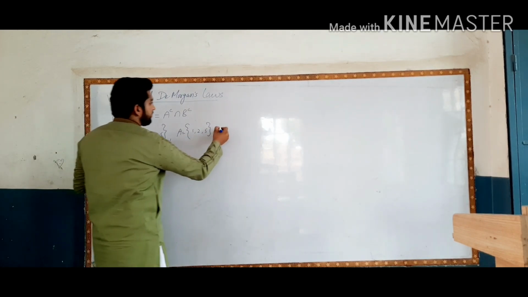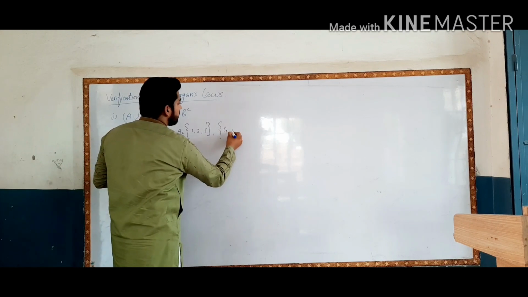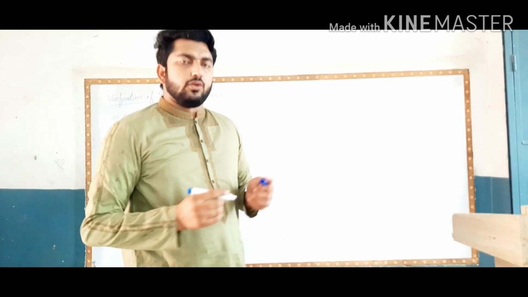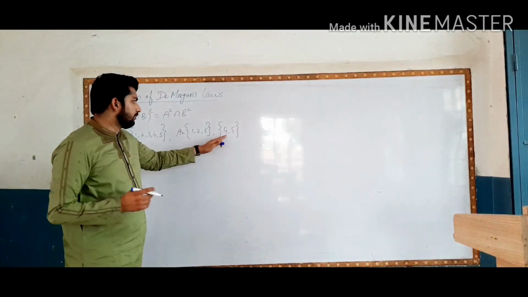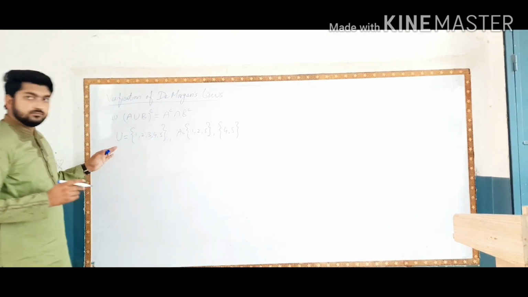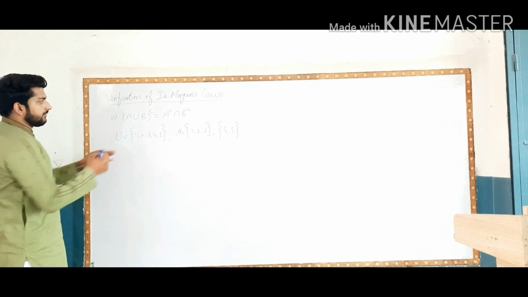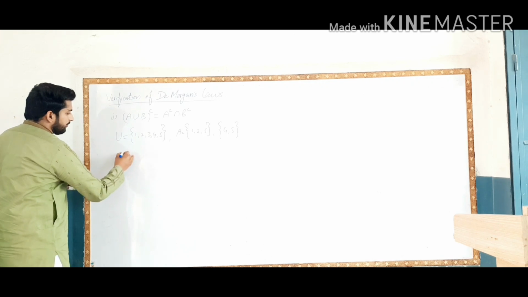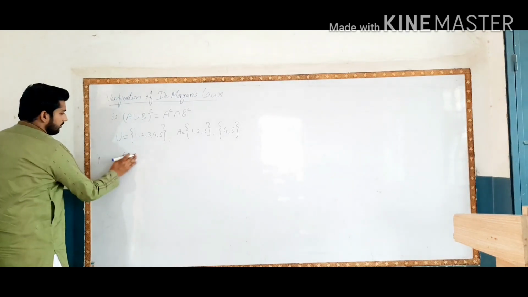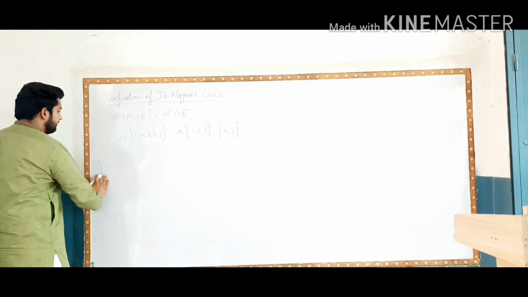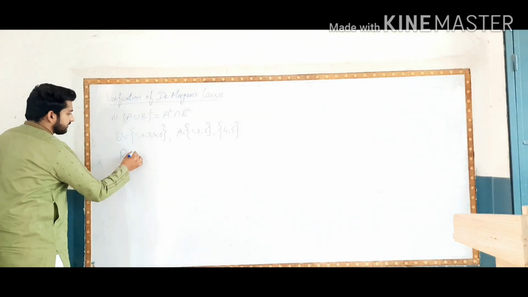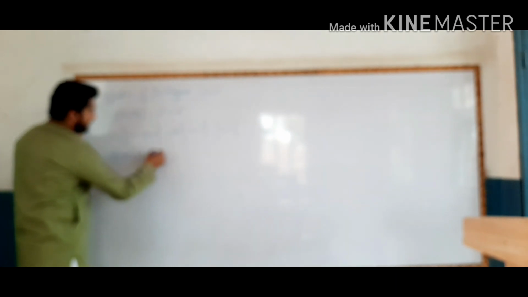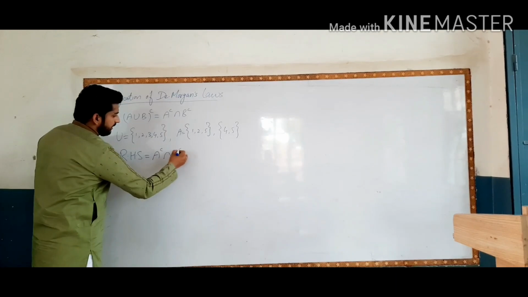Set B is 4, 5. So the right side of this law is A complement intersection B complement.